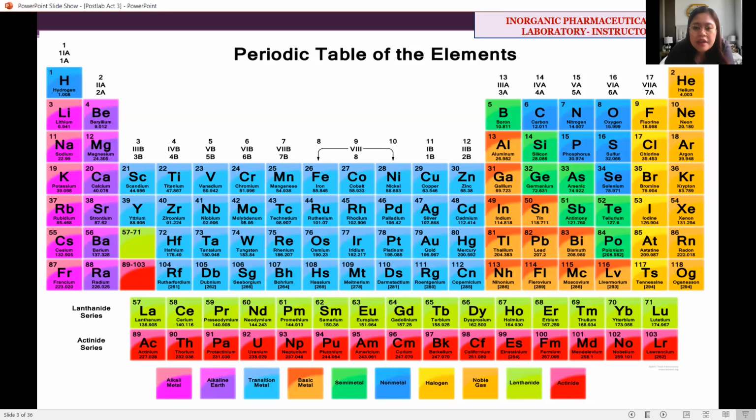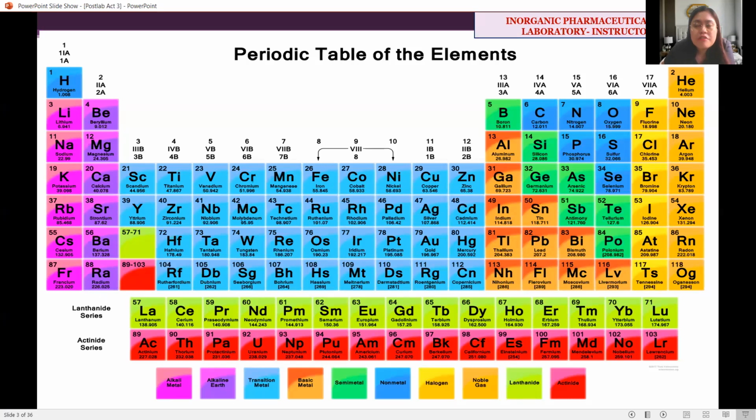They are our non-metals. These are the alkali metals. Anyway, we will have more discussions about that. Group 2A is our alkaline earth metals. The rest in the middle are metals, but specifically they are called transition metals. And from aluminum downward are the so-called basic metals.